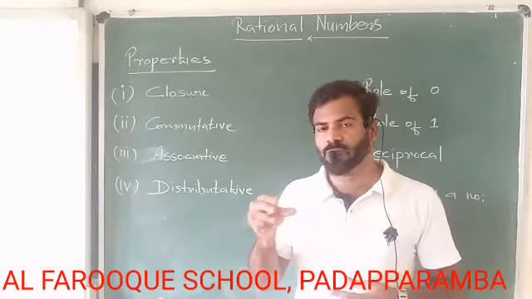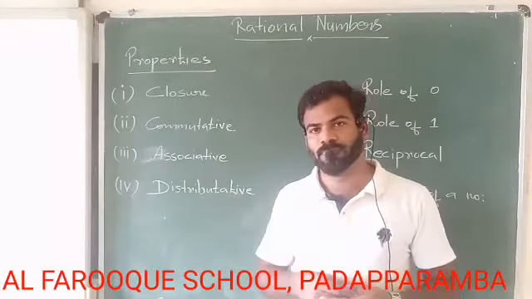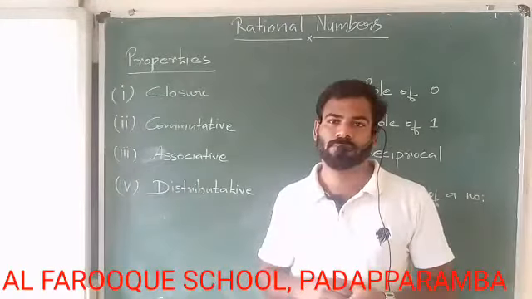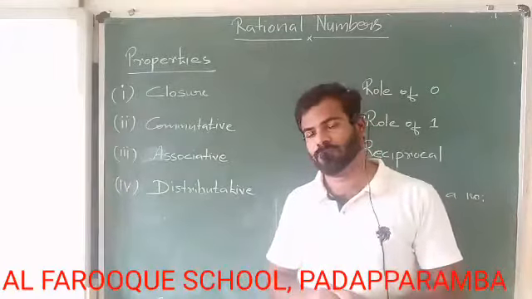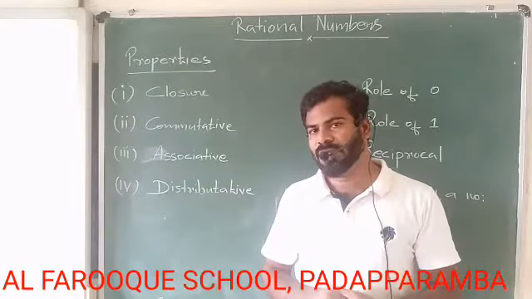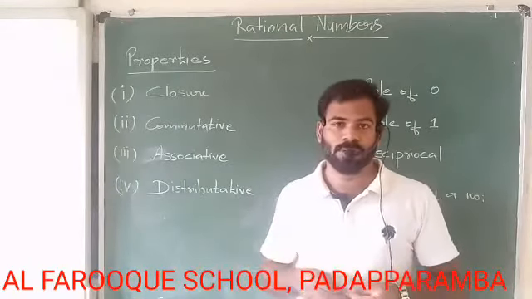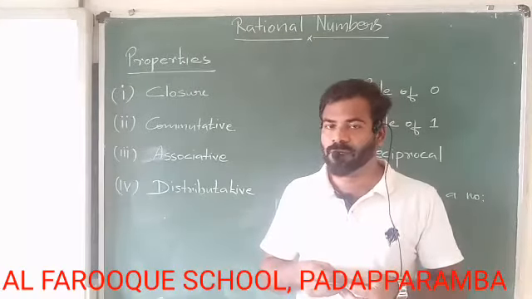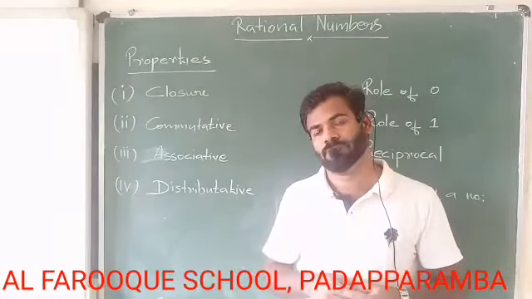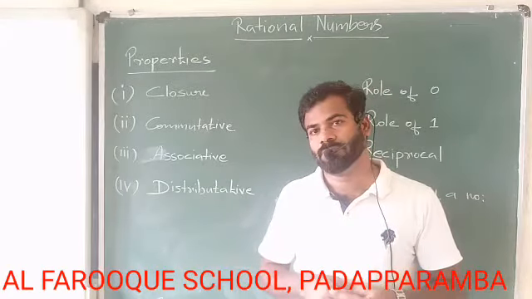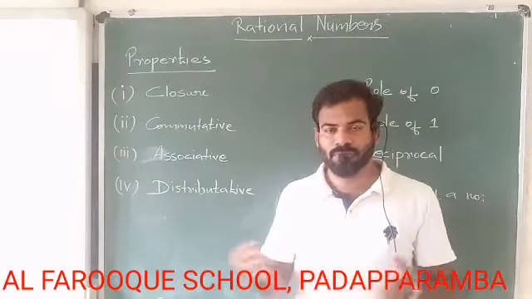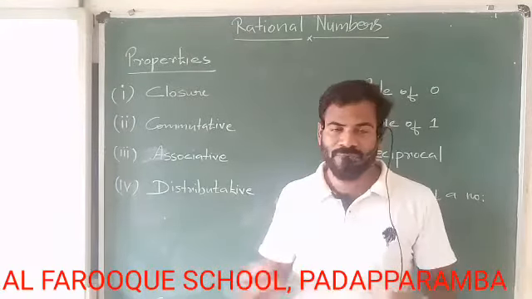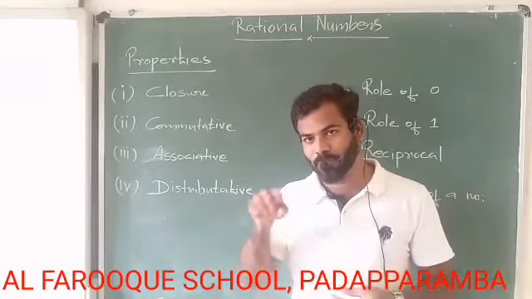Let's go through an example. Consider the set of natural numbers. If we take any two natural numbers and perform addition, for example 2 and 3, then we add these two numbers, that is 2 plus 3.